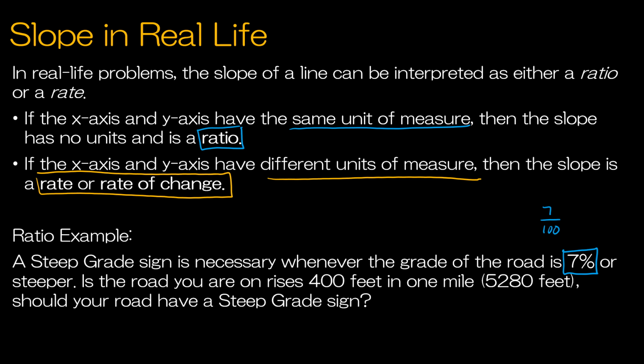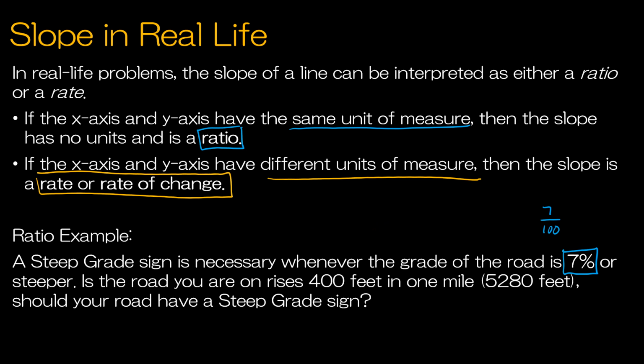We're on a road that rises 400 feet in 1 mile, which is 5,280 feet. The question is, should this road have a steep grade sign? So how am I going to do this? Well, one obvious way is I have 7/100, and I have 5,280 as what I'm comparing it to. I could try to solve for x and say, what's that number? But honestly, that's just a little more work than I want to do.